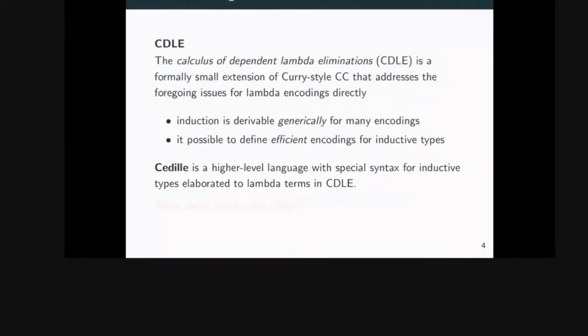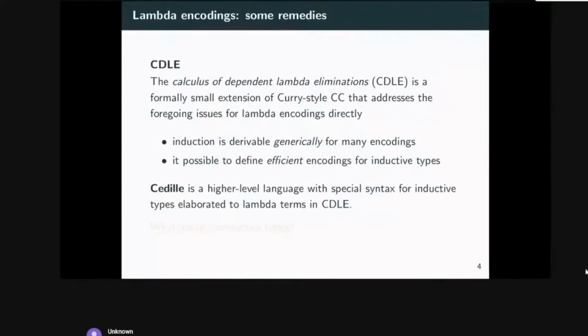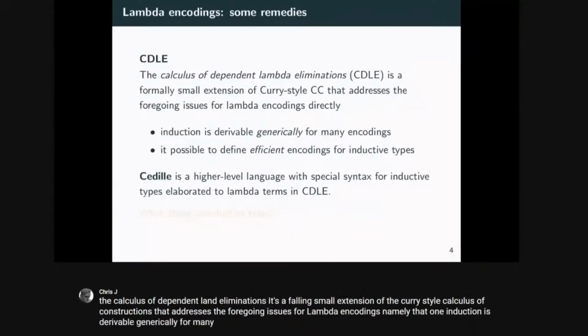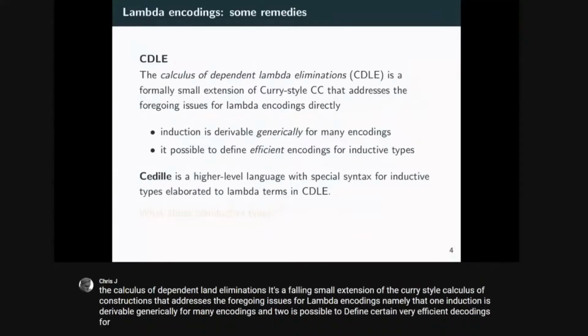And so an alternative might be to revisit lambda encodings and to try to repair the issues that we just addressed. And this is the project of Cedille, the calculus of dependent lambda eliminations. It's a formally small extension of the Curry-style calculus of constructions that addresses the foregoing issues for lambda encodings, namely that one, induction is derivable generically for many encodings, and two, it's possible to define certain very efficient encodings for inductive types.